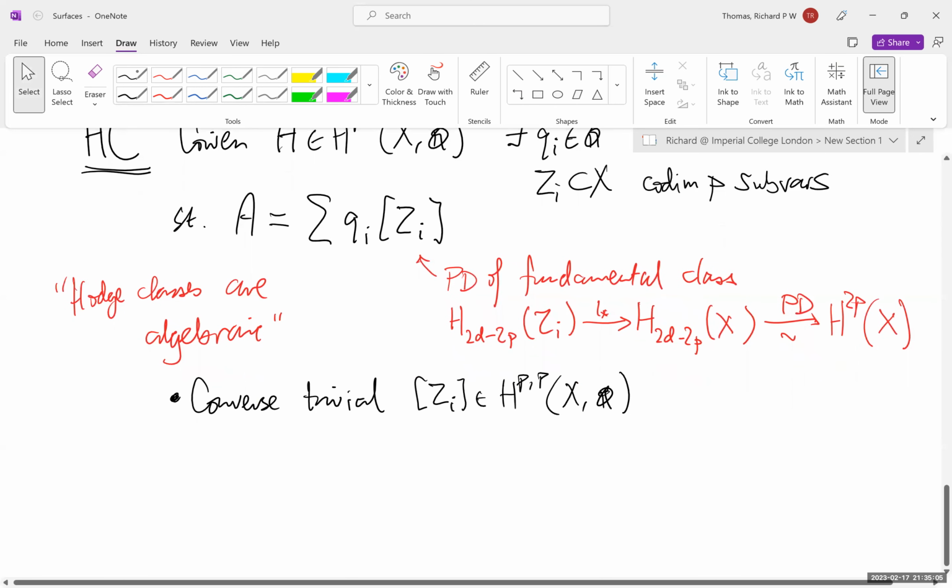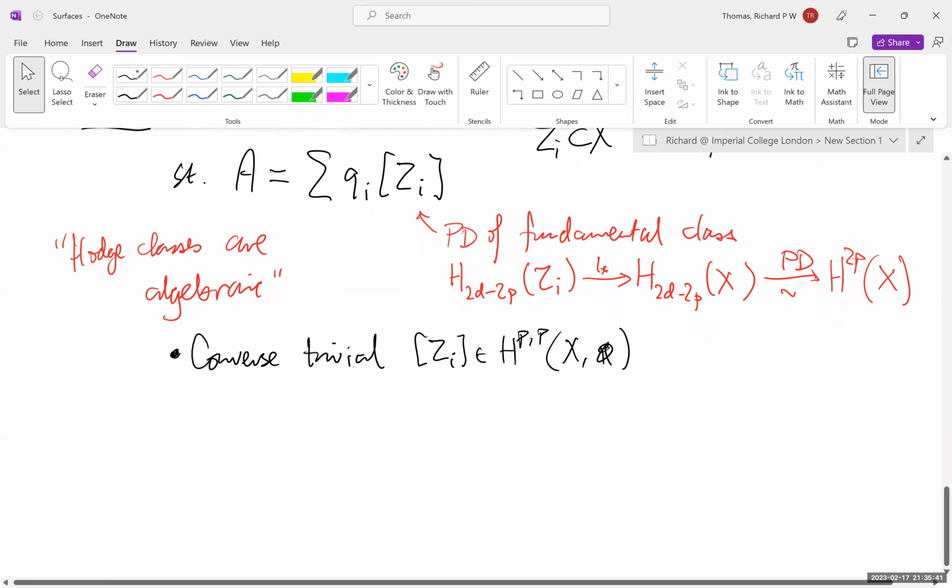The easiest way of saying that is to use the pairing on cohomology. By integrating Z against 2n minus 2p cohomology classes, you see that the only ones which give something non-zero in the Hodge decomposition are the ones of the form (n-p, n-p). Any cohomology class of other Hodge types integrates to 0 on the Z_i. So under duality, that's this statement here.